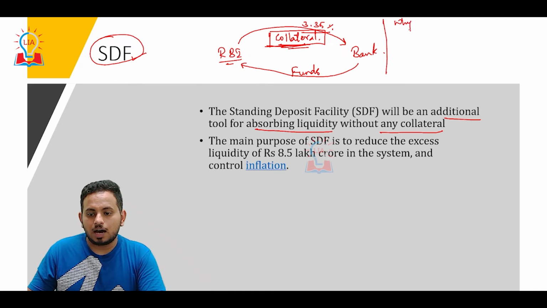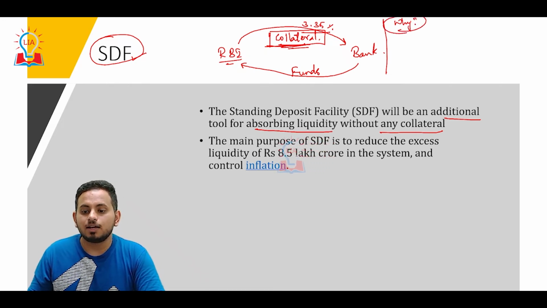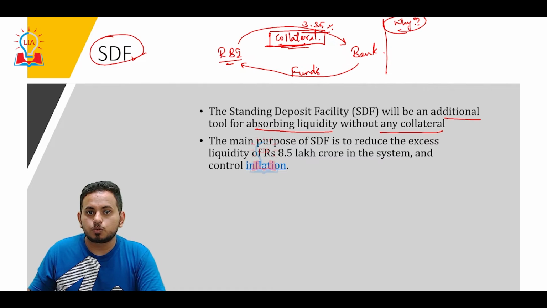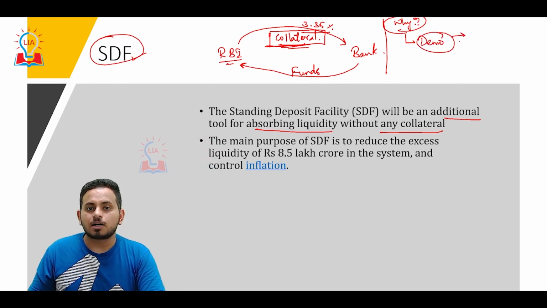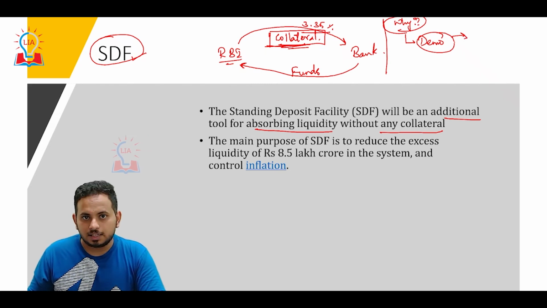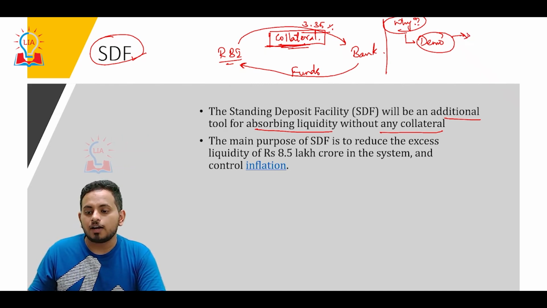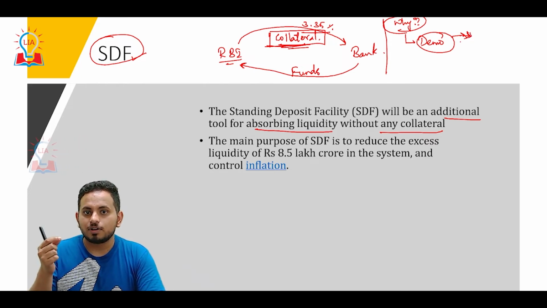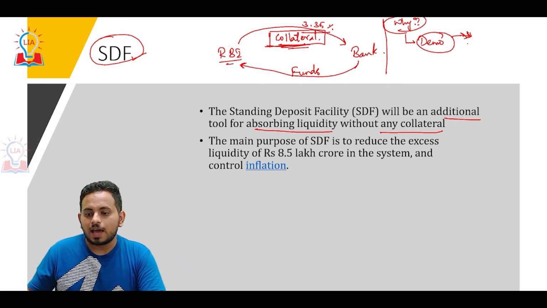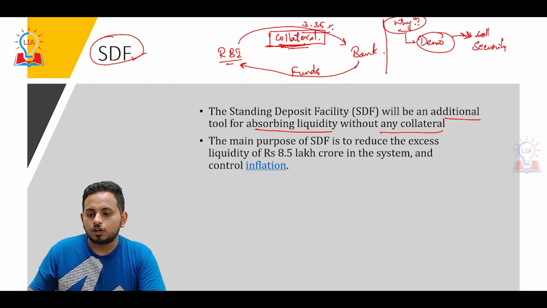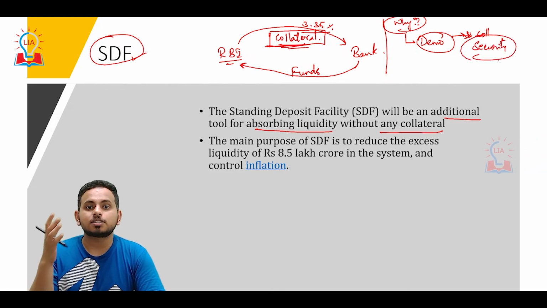Why do you think the RBI will not be providing any guarantee for the banks which would be placing their funds with RBI? Because imagine a situation during demonetization, as it is famously called. What happened was people started exchanging their currency. So in that case, banks had a lot of money, but they did not have the actual collateral or security to cater to this huge money.